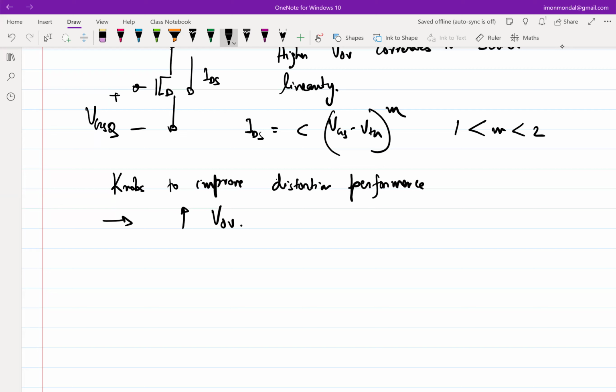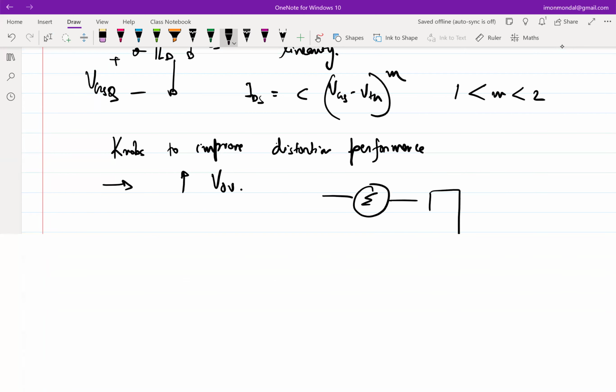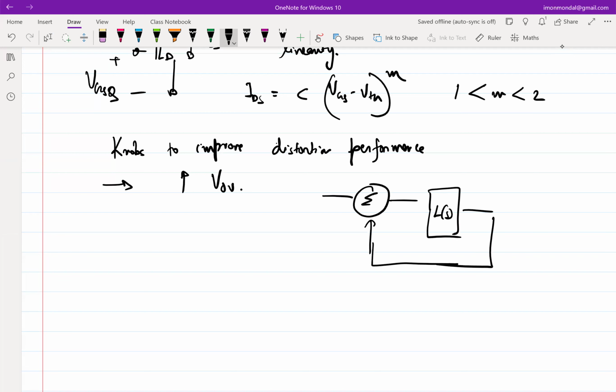only under the assumption that the loop gain, at the frequency of interest, also has 0 phase, right? If it also has a phase lag, then negative feedback works under this assumption: if you have VI, this is V feedback, this is V error.